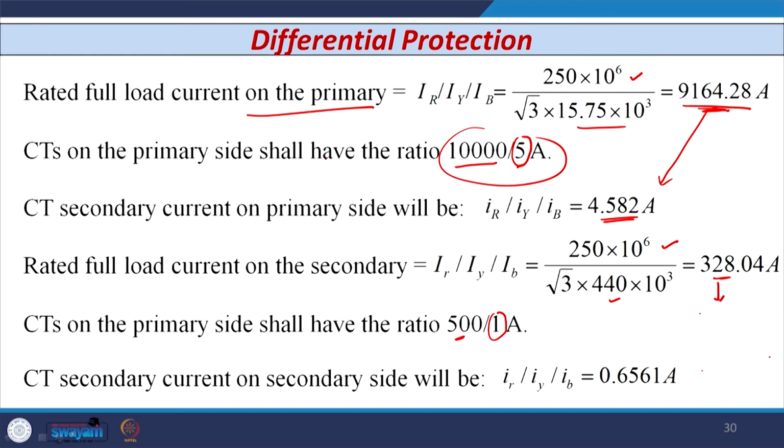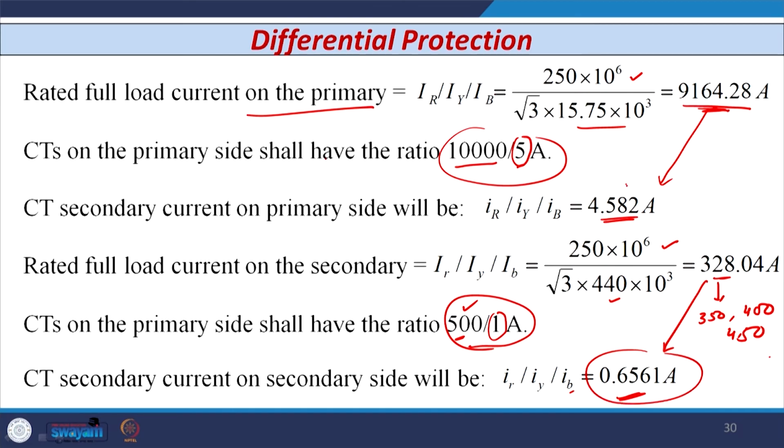Here you can go for 350, 400 or 450 ampere also, because standard CTs are available in multiples of 50, but I have deliberately selected 500 ampere looking at future load growth. If I transfer this current to the secondary side using this CT ratio, the current is 0.6561 ampere. So, 328.04 multiplied by 1 divided by 500 comes out to this current.